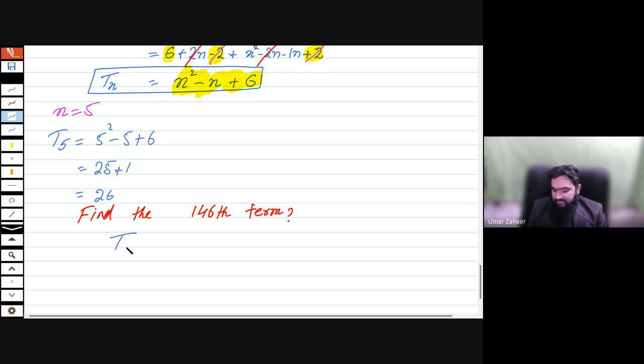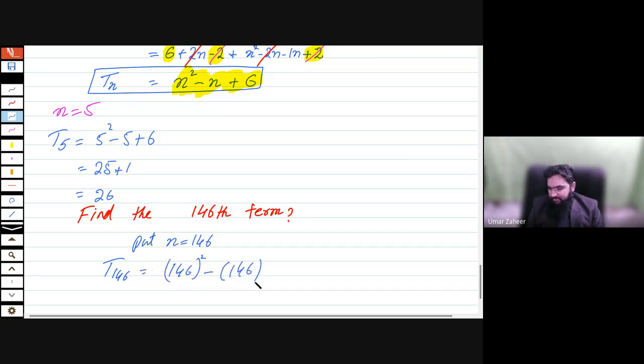Just substitute n is equal to 146 in the given formula. So T146 will be equal to 146 square minus 146 plus 6. Please use the formula and find the required value.